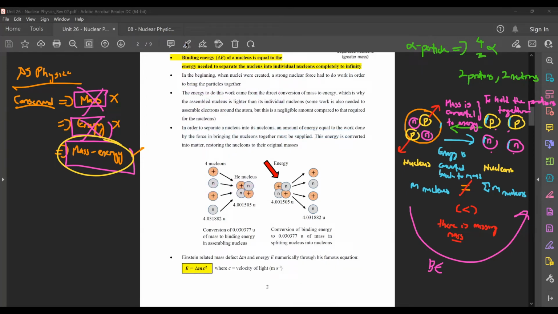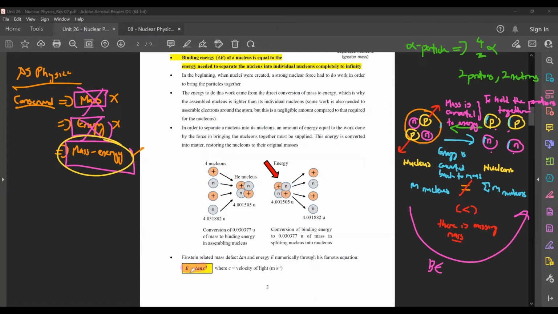And to find out the binding energy, there is a calculation that you can use. That is this equation here: E equals delta m c squared. You have seen this in SPM before. I think they call it the Einstein equation, right? Yes, it is from Einstein. You specifically use this for nuclear reactions.